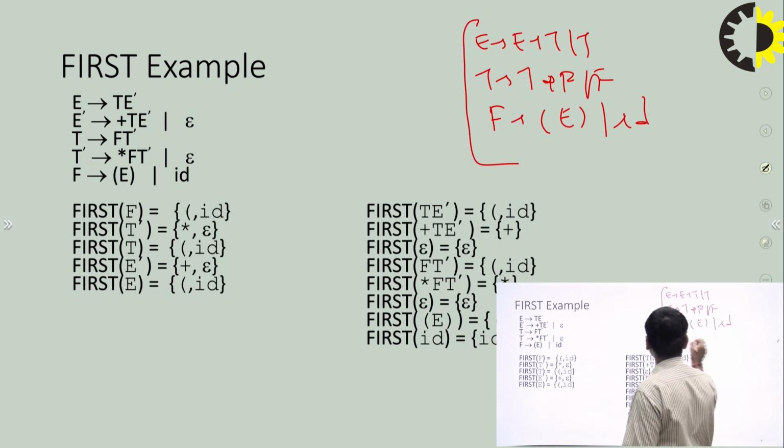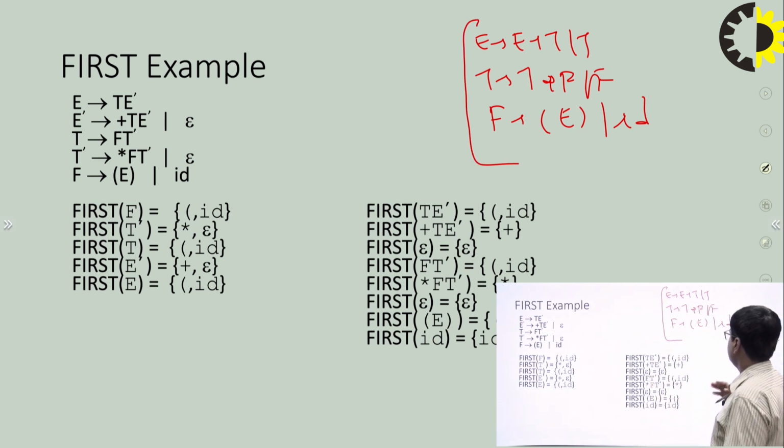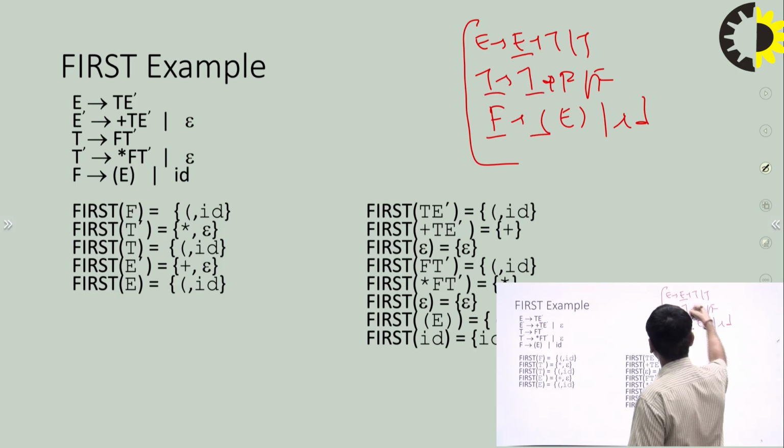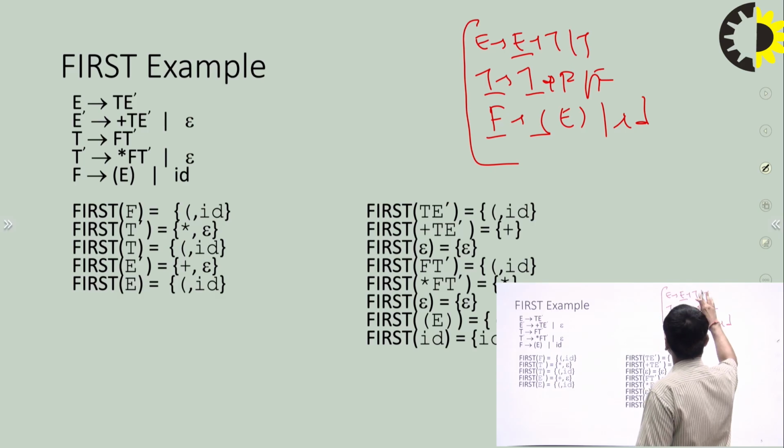When we start to use this grammar for top-down parsing, firstly we have to check the problems associated with top-down parsing. You will see that left recursion is there. So firstly you have to convert this grammar to be suitable for a top-down parser by removing this left recursion. The form is A produces A alpha or beta.